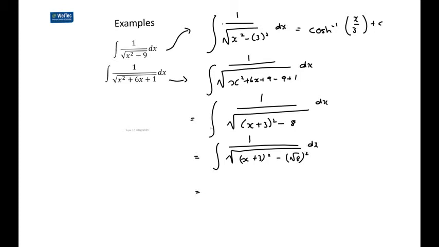And again, it's just an inverse cosh one of x plus 3 over the square root of 8, which is 2 root 2.